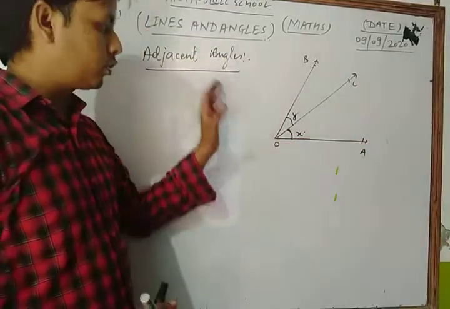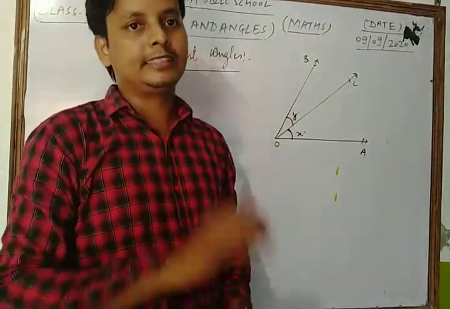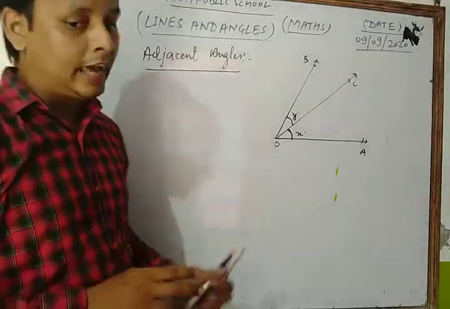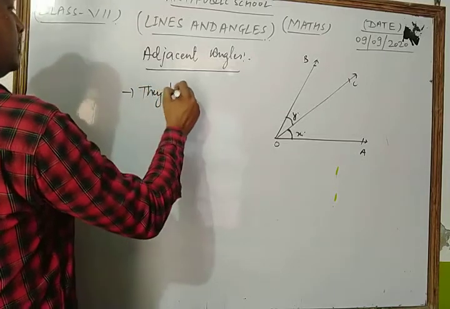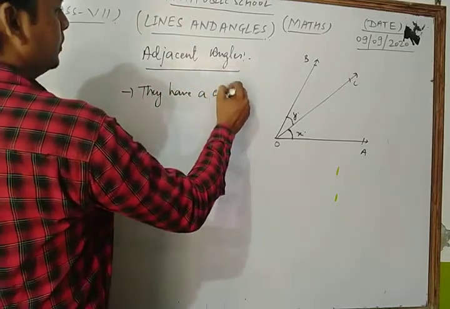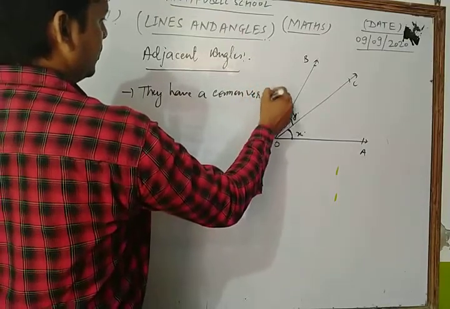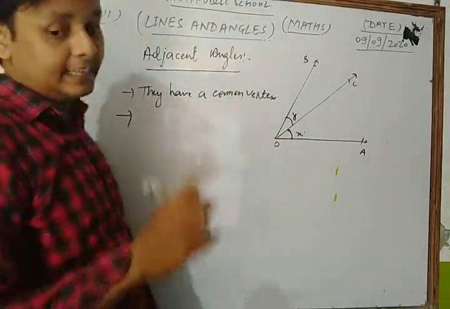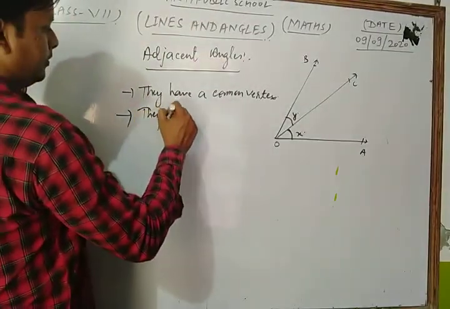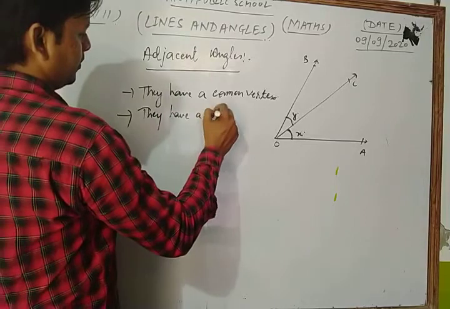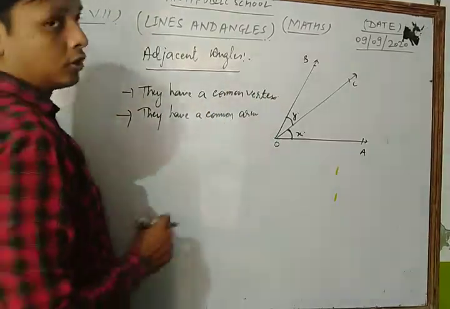Two angles are said to be adjacent if they have a common vertex. First condition is they have a common vertex. Second important condition is they have a common arm.